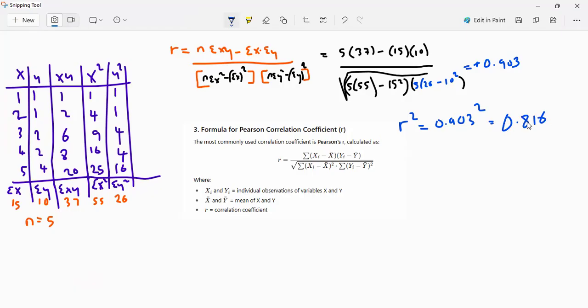This means 81.6% of y is because of x. Okay. All right. Is that clear? Just an issue of squaring it.